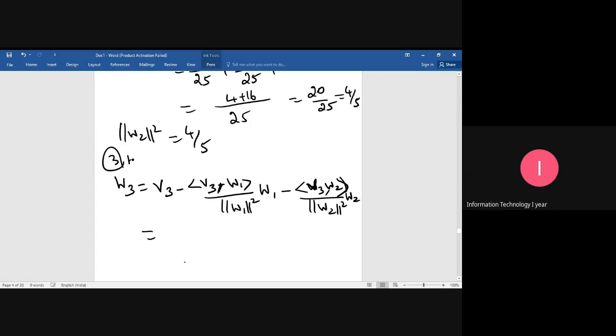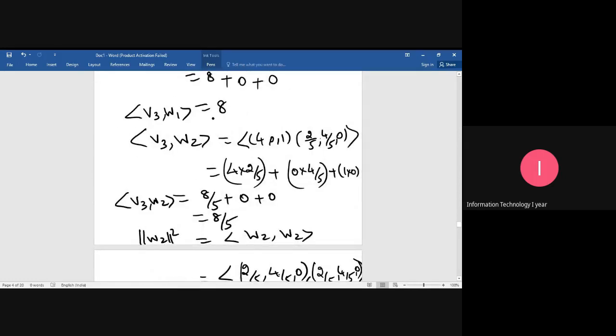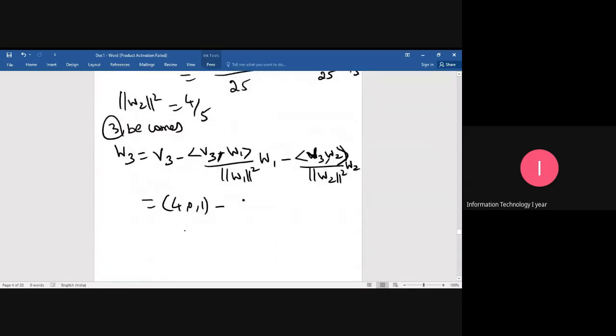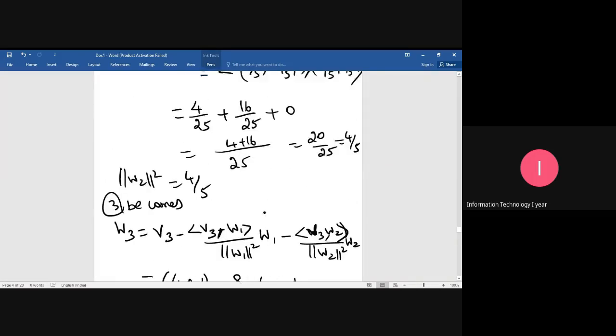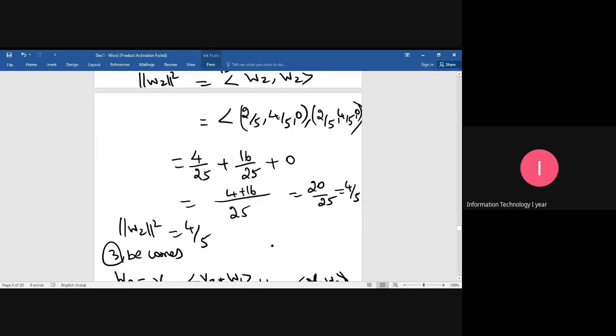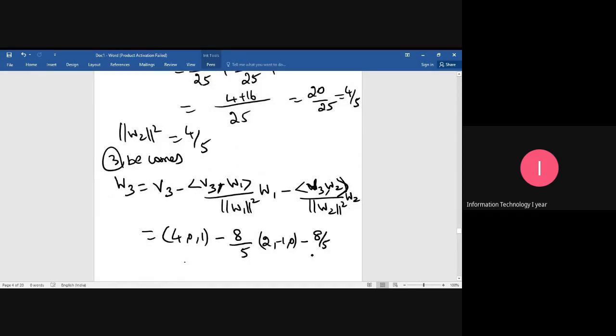So substitute the V3 value: 4 comma 0 comma 1, minus 8 divided by norm W1 square, which is 5, into W1, 2 comma minus 1 comma 0, minus 8 by 5 divided by norm W2 square, 4 by 5, into W2, which is 2 by 5, 4 by 5, comma 0.